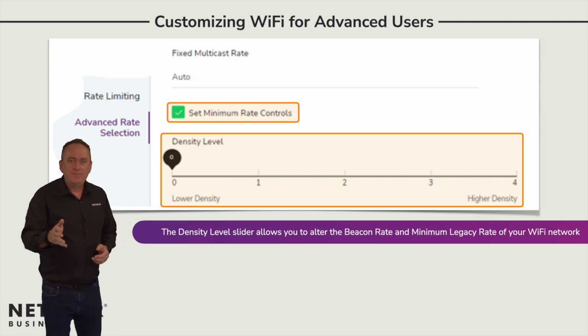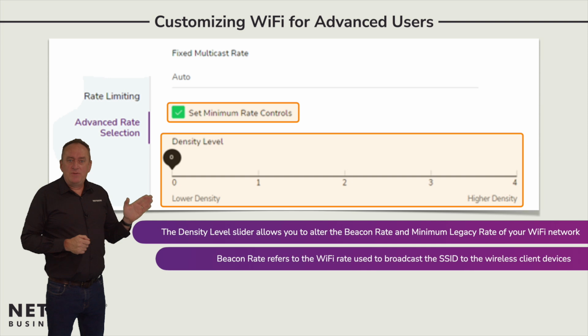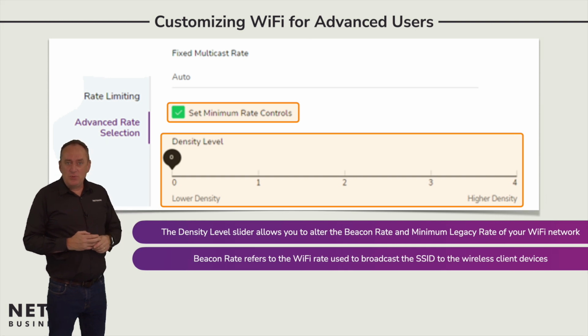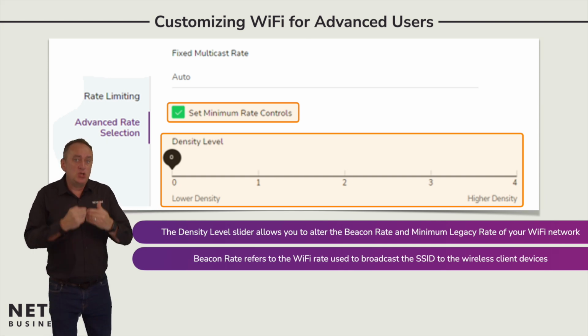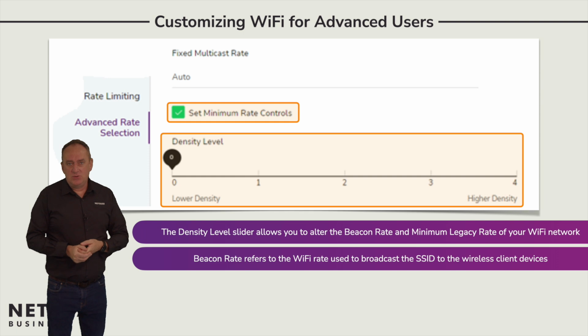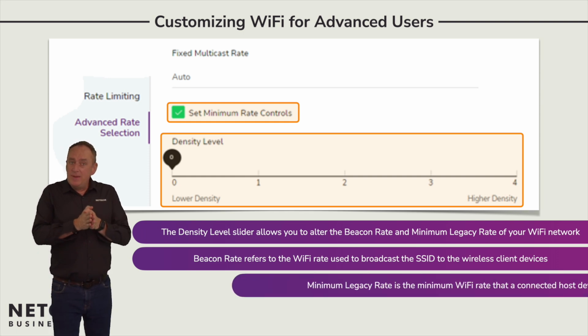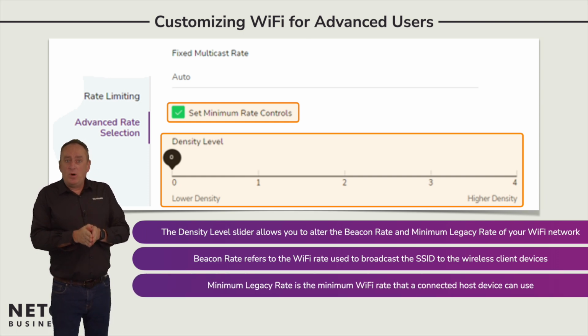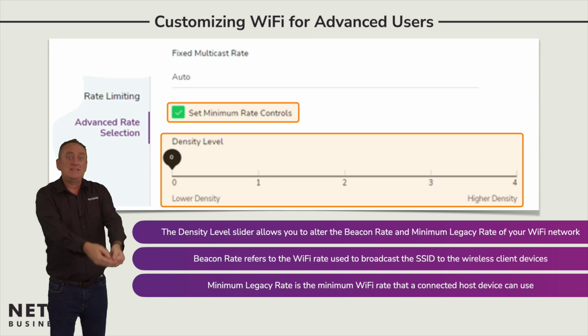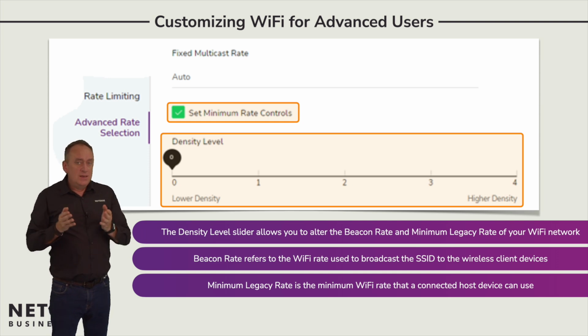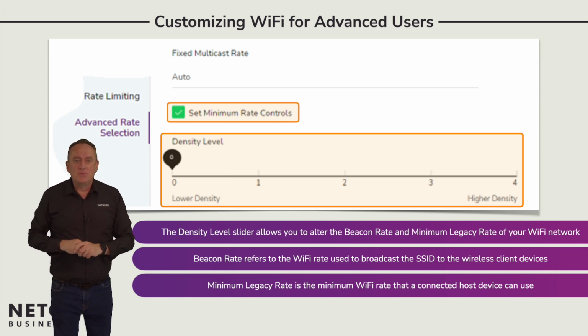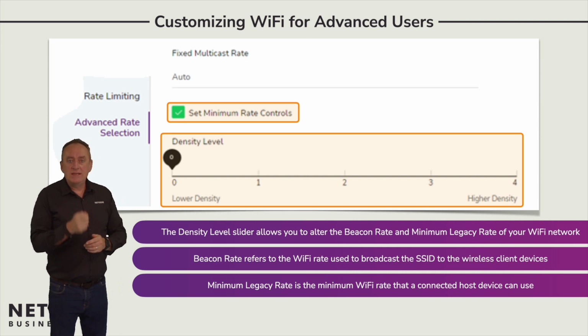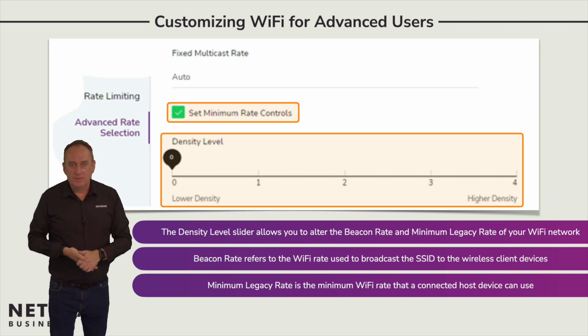Let me tell you. The beacon rate refers to the Wi-Fi rate used to broadcast the SSID to wireless client devices or hosts, and the minimum legacy rate is the minimum Wi-Fi rate that a connected host device can use. In wireless networking, we refer to something called the MCS index, or Modular Coding Scheme Index, to give it its full title.